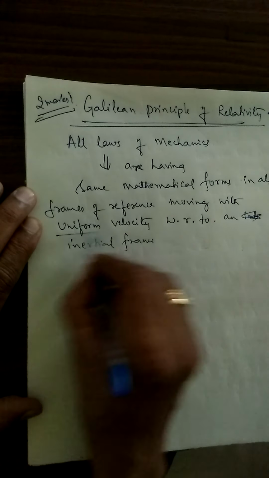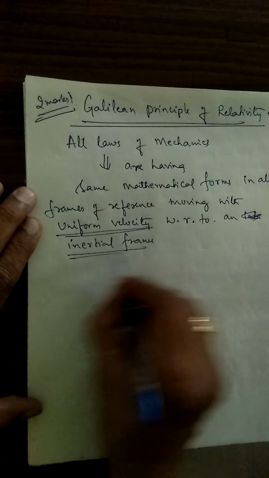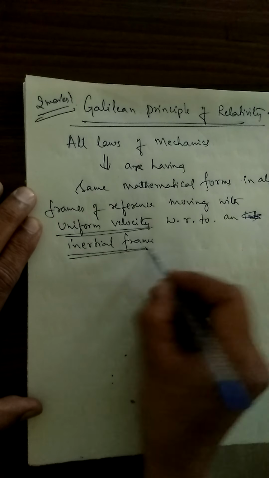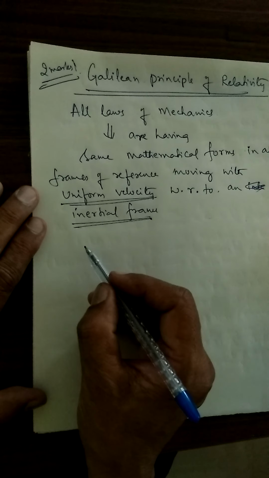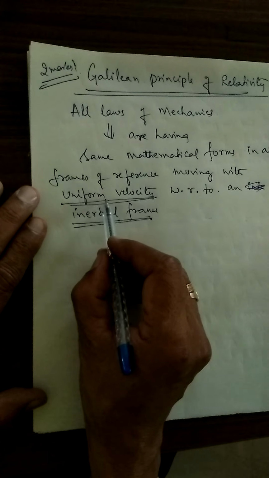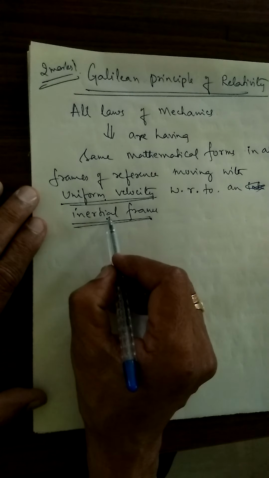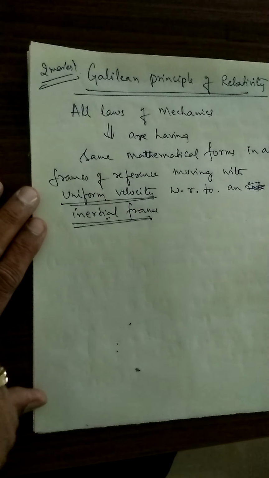Any frame of reference moving with a uniform velocity with respect to an inertial frame is also an inertial frame.